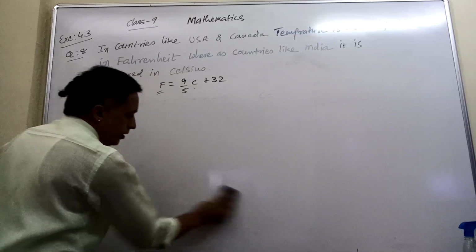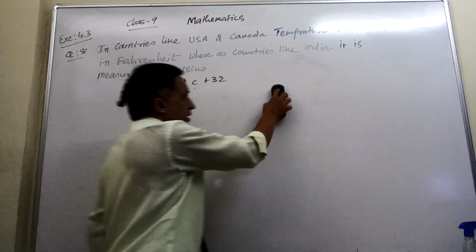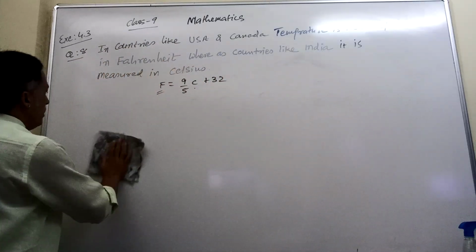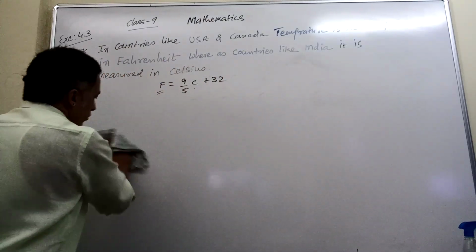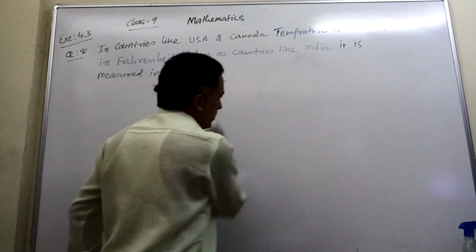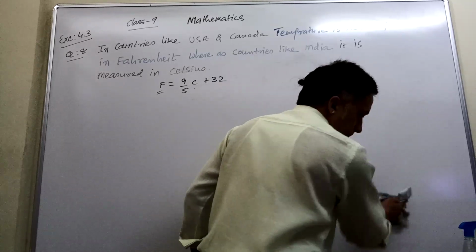So first of all, we have a question: do we have any numeric value? Can we find any numeric value for Celsius as well as for Fahrenheit, which is the same for both?